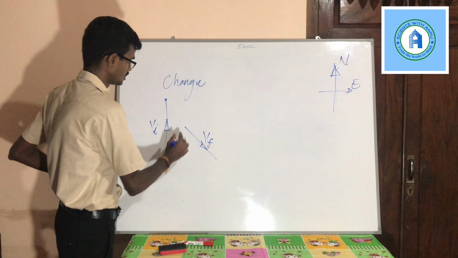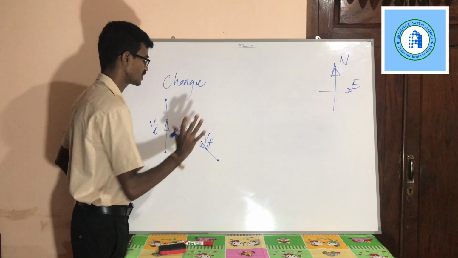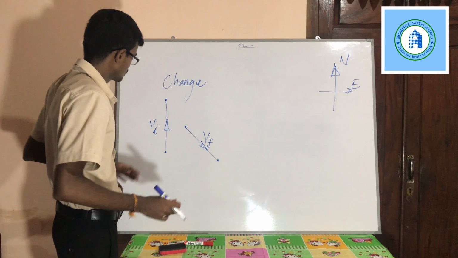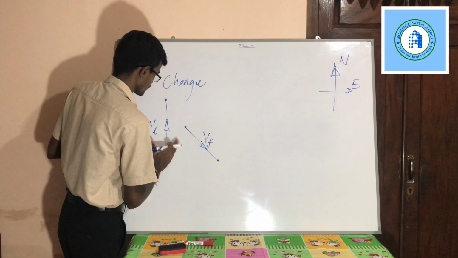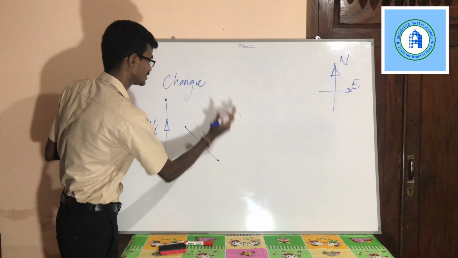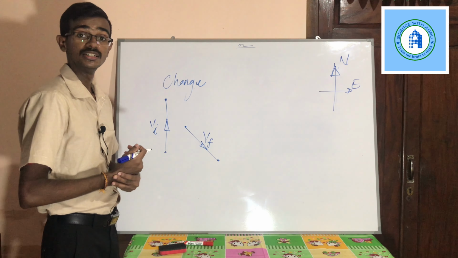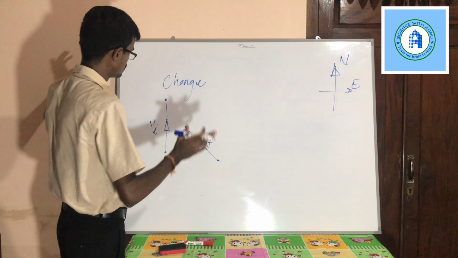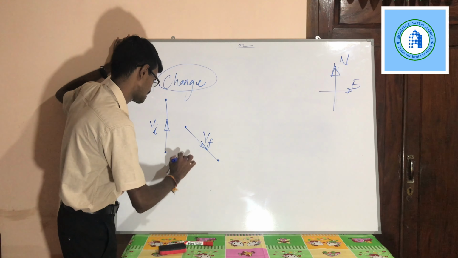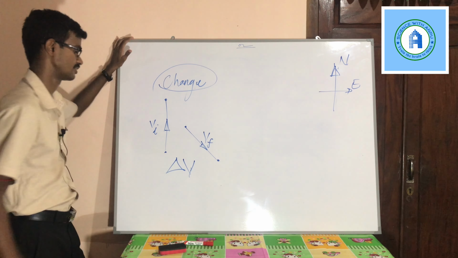These two are velocities, which means they contain direction as well as magnitude, so it's a vector quantity. First this was the initial velocity, and then it changed into the final velocity in this direction and this magnitude. So we have to find out the change. Usually we notate the change by delta, so we have to find delta v.